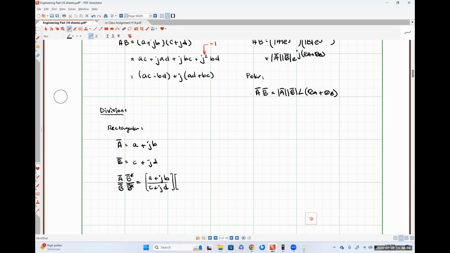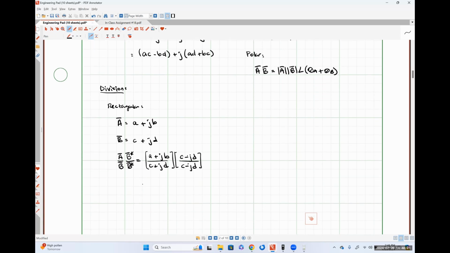C - jD. Exactly right. Thank you. So C - jD over C - jD. And now effectively, I'm just doing multiplication, but I'm just doing multiplication for the numerator as well as the denominator.